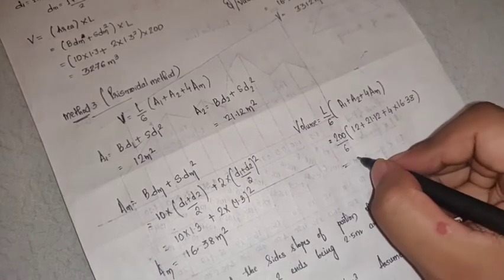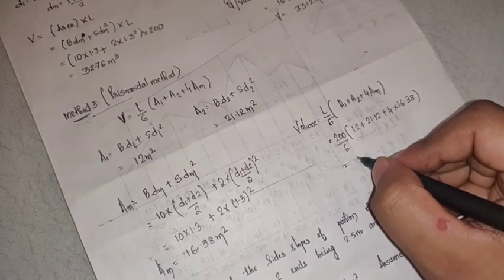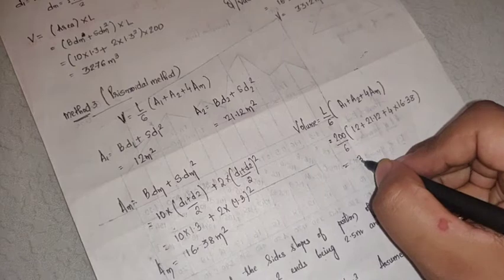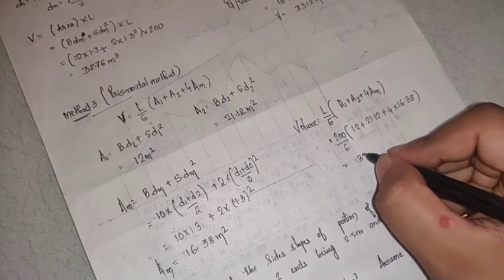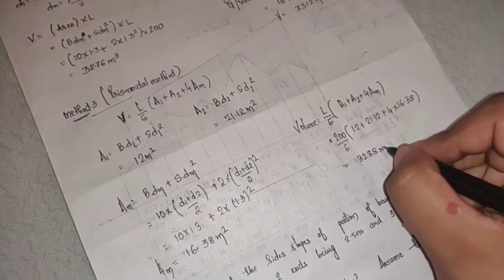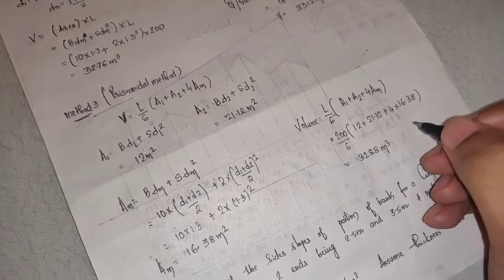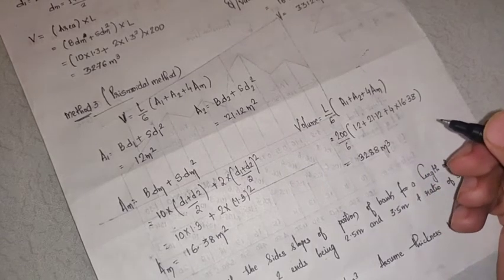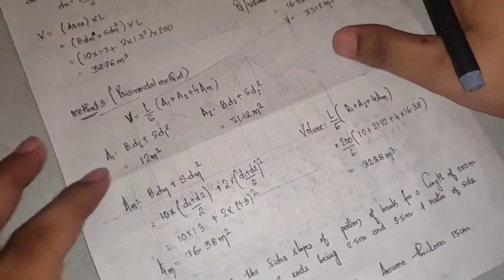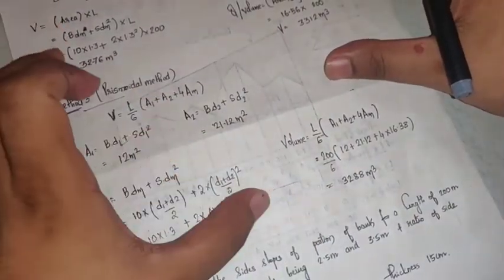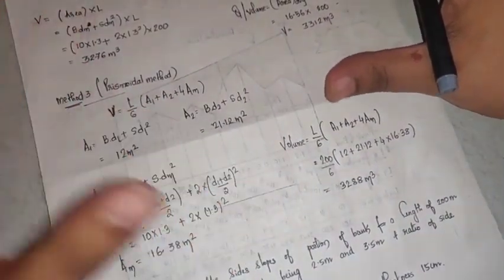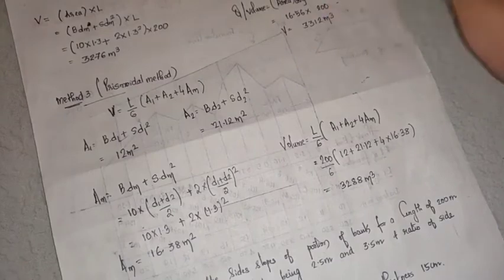Solving this, we get the volume as 3288 meter cube. If you check this and the first method, the answers are very much similar.